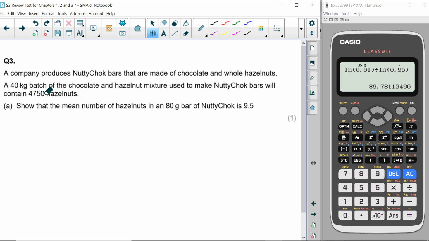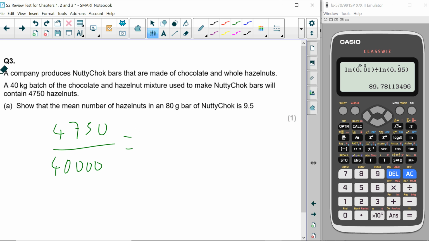And then just multiply it by 80. So my first step is going to be to do 4,750 hazelnuts in 40,000 grams of chocolate.